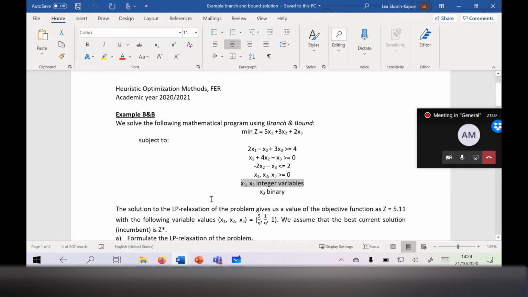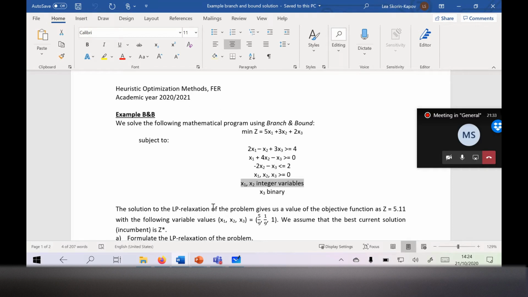We solve the LP relaxation of this problem. Again, what do we mean by solving the LP relaxation of this problem? We ignore that the numbers x1 to xn are integers, so we assume they are just ordinary real numbers, and we solve a linear programming problem.